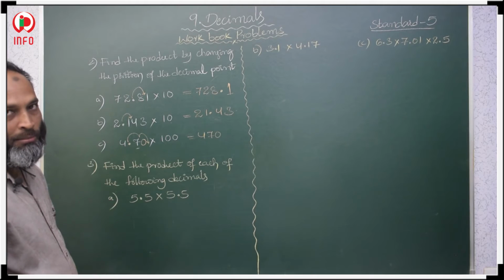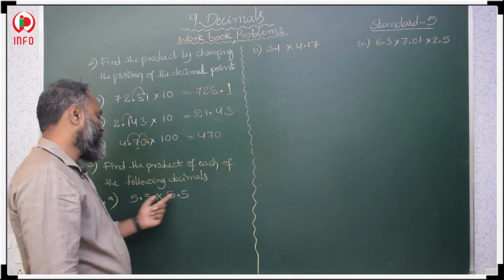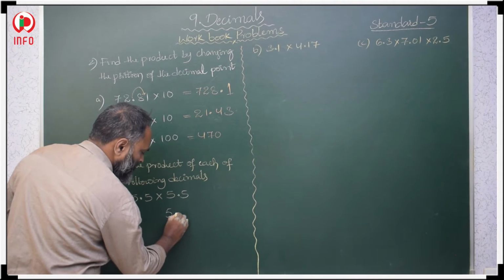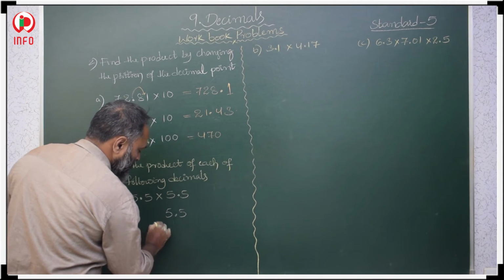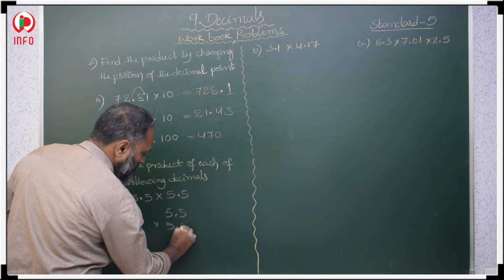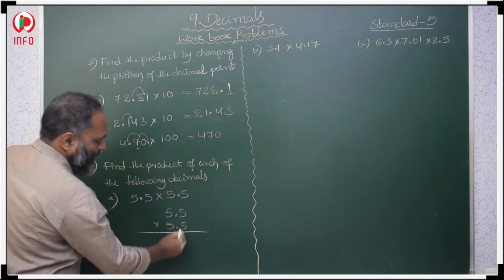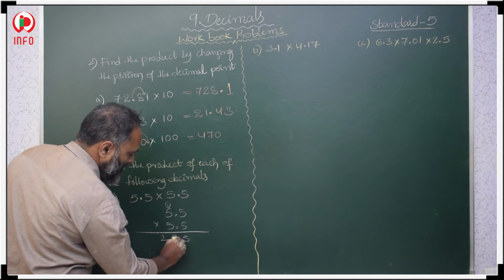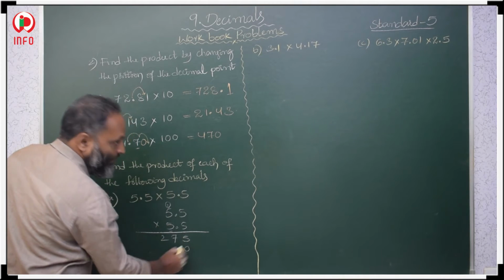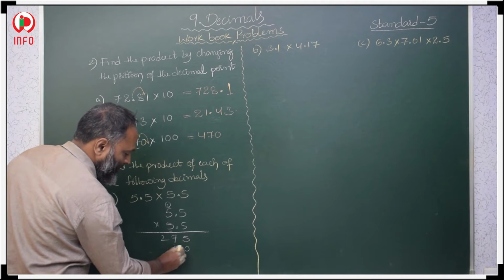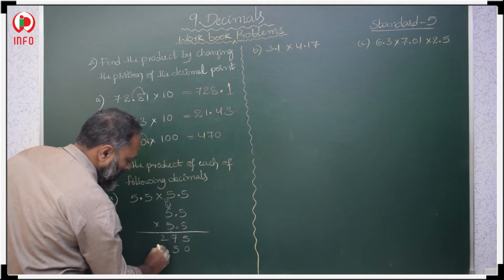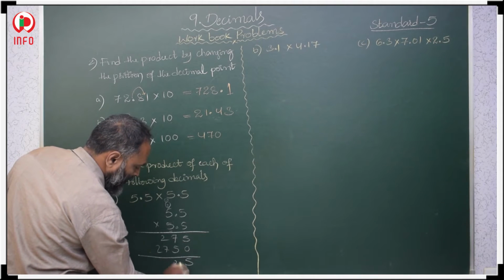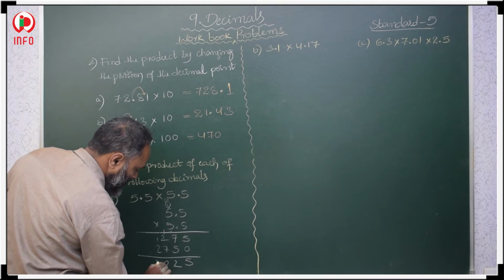5.5 should be multiplied with 5.5. A decimal number should be multiplied with a decimal number. So 5.5 multiplied with 5.5. Now, 5 5s are 25, 2; 5 5s are 25, 26, 27. Again, we have to keep a 0. 5 5s are 25, again 2; 5 5s are 25, 26, 27, 5, 12, 10, 3.